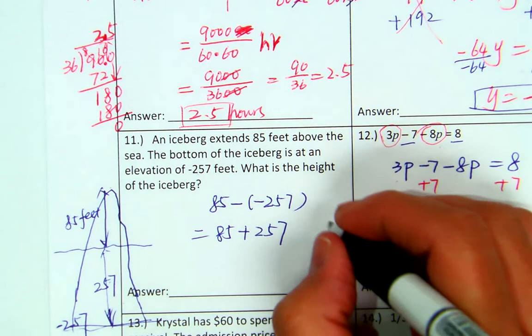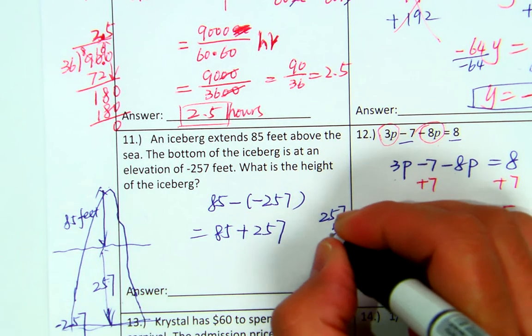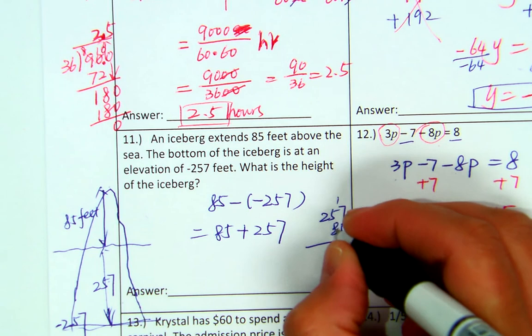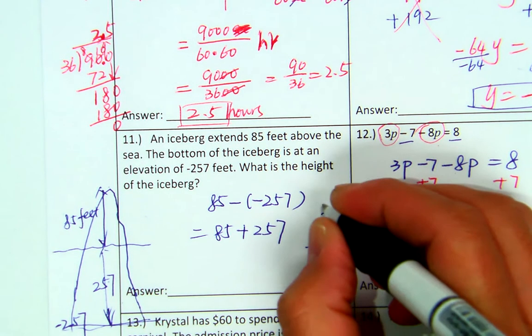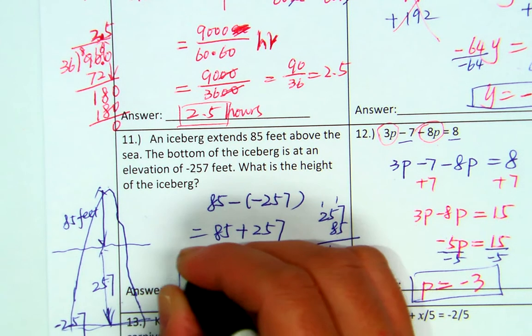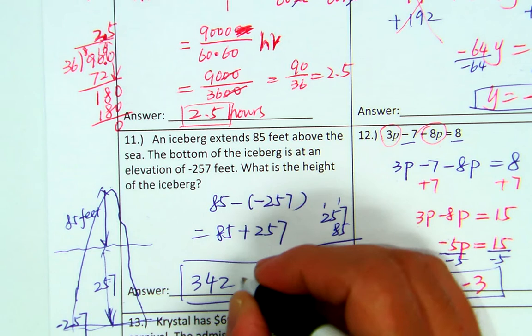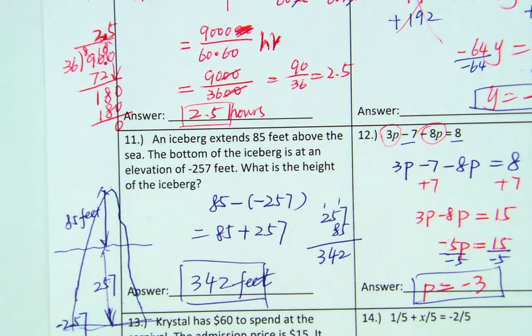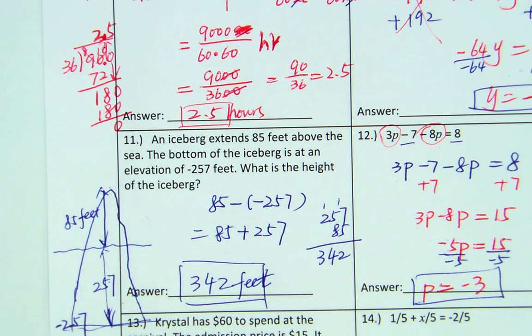Basically, you just add these two up, so that's a 12, and 6 plus 8 is 14, and 342 is the answer. And the units are feet. Okay, so that's the end of part 3.